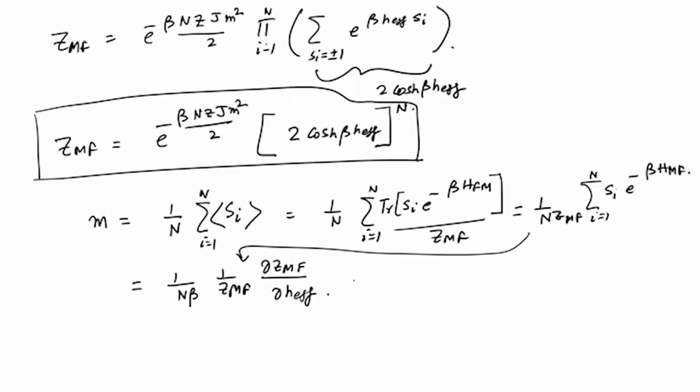Just show it in a moment, and this is equal to 1 over n beta del ln ZMF and del H effective.